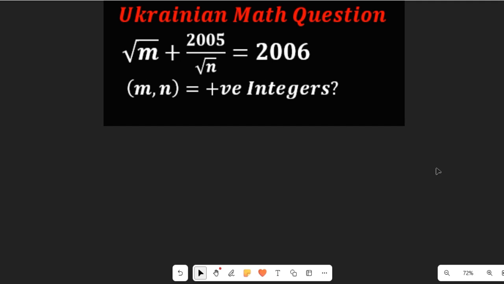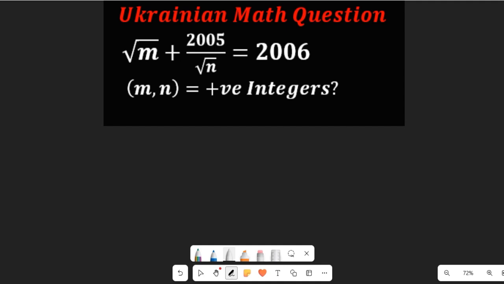Now, to solve this expression, remember we are asked to find all positive integers m and n. We're going to suppose that 2005, which is the numerator over there, is divisible by root n.